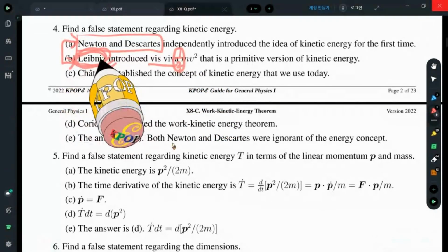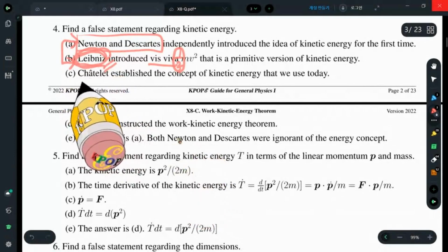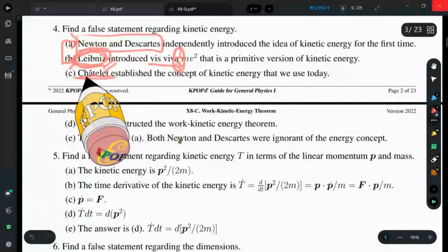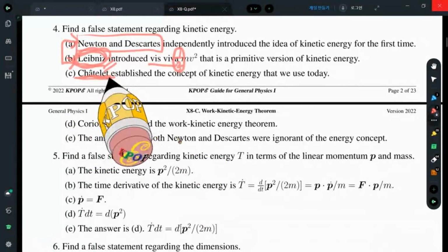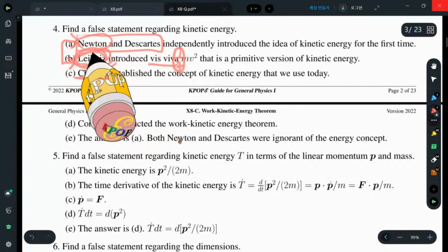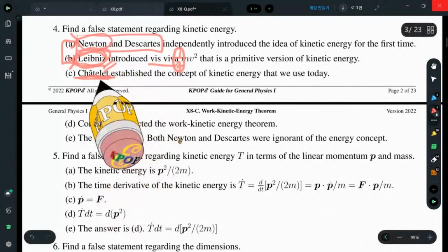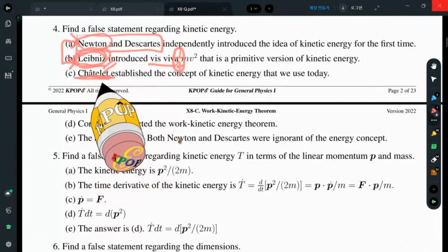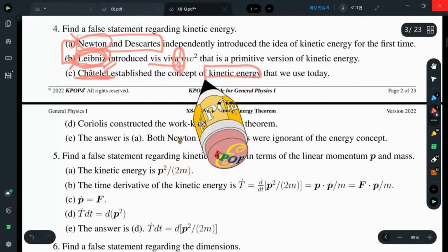He's a very important person. Later, Émilie du Châtelet, a French physicist, translated Newton's Principia into French. And she is the first person who developed the idea of kinetic energy.